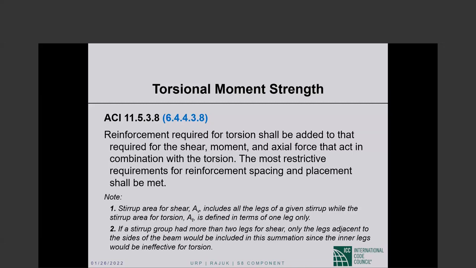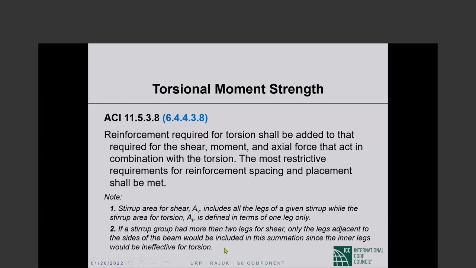So shear reinforcement, if you actually have 2 legs, the 2 legs will resist shear. But torsion, it is the 1 leg that is doing the job. Okay, if you visualize torsional shear, then stirrup area for shear includes all the legs of a given stirrup, while the stirrup area for torsion is defined in terms of 1 leg only.